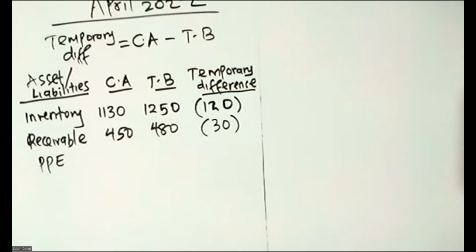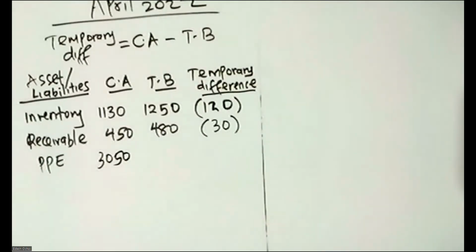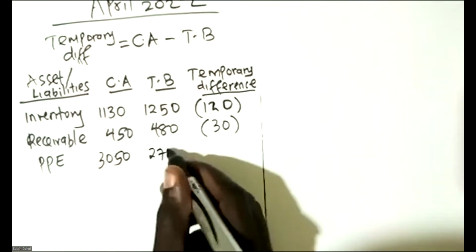No, there's nothing you have to increase, because remember that revaluation will affect the deferred tax account. So here we have a carrying amount of 3050, which is given directly, and a tax base of 2750.